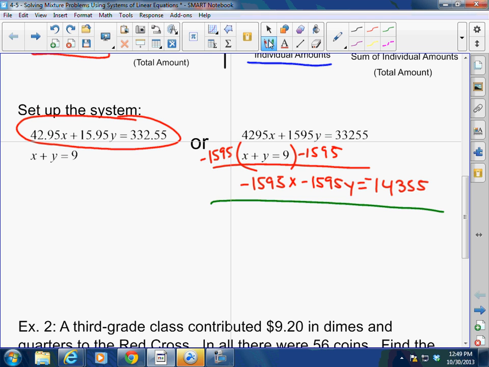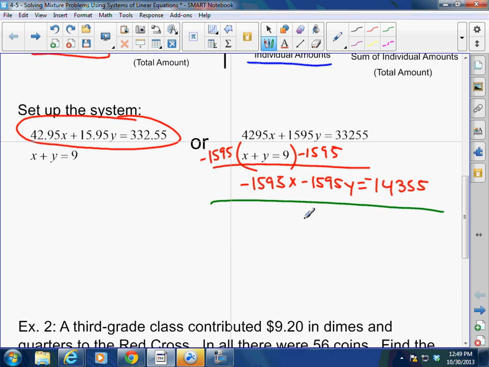Okay, guys, so now what happens here? We have 4,295 minus 1595x. And what is that going to give us? That is going to give us 2,700.